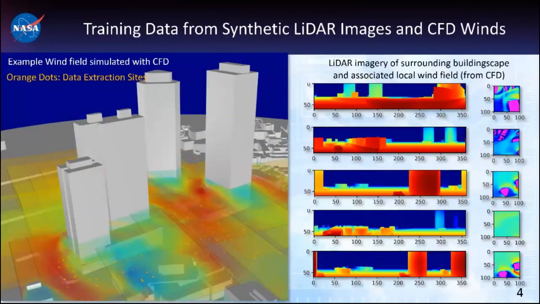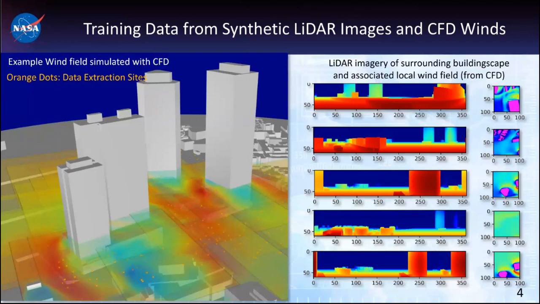So how do we train this neural network on Maestro? This slide gives you a little bit of the behind the scenes of what we're doing. On the left, you see a picture of a fully synthetic urban environment where we've run a computational fluid dynamics, or CFD, simulation to make an estimate for the winds around those buildings.